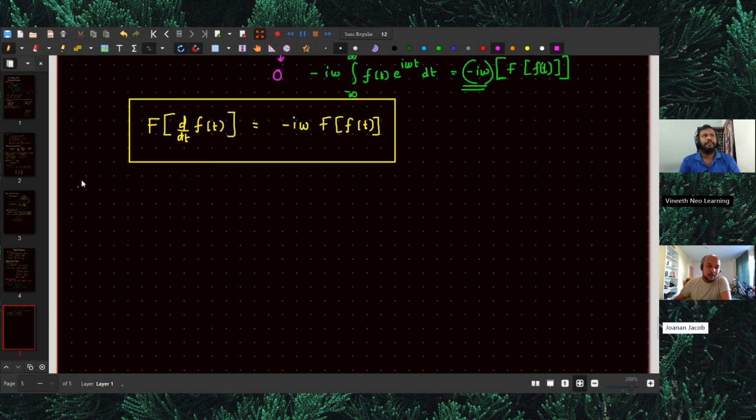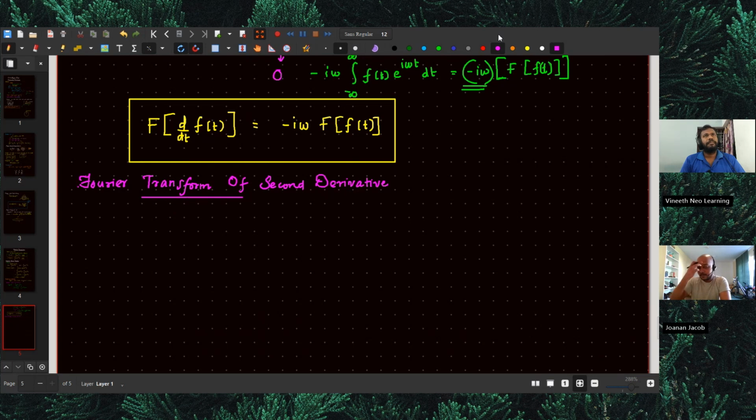The Fourier transform of the second derivative. I can find this by using the first derivative.